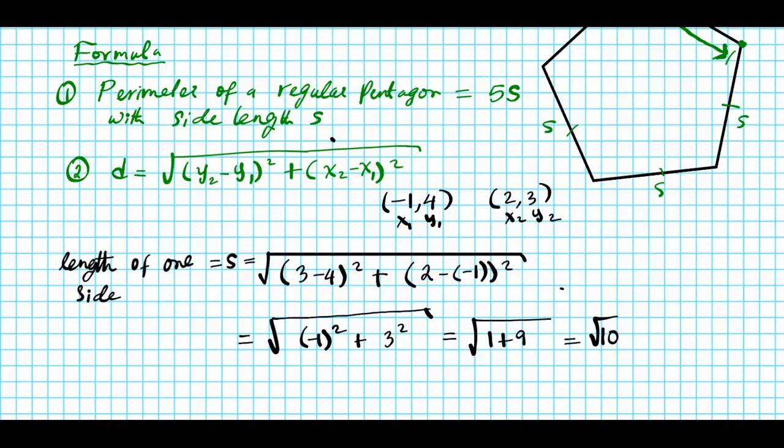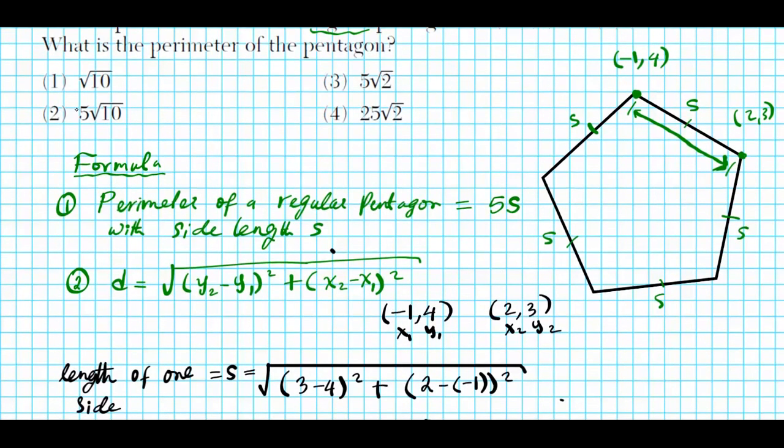Okay, so let's look at our options. Is our answer option number 1? The answer is no. You have to be careful. Make sure you're answering the question. You were asked to find the perimeter. You were not asked to find the measure of the side length. So we are halfway. We just found how long this side is. This is root 10. How do we finish the problem off?